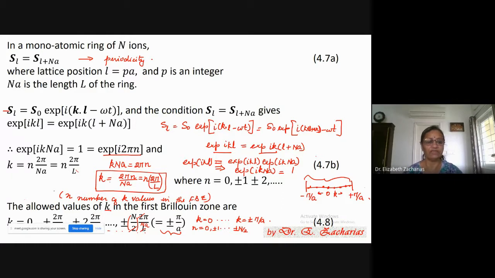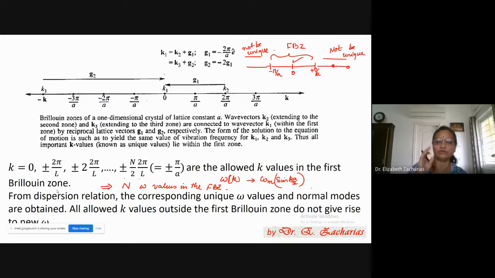In other words, the total number of k values possible in the first Brillouin zone include 0, then 2 pi by L, 4 pi by L, 6 pi by L, and you go on till you reach plus minus pi by a. You see that there are capital N number of k values possible. Capital N number of k values inside the Brillouin zone means, from the dispersion relationship, that many omegas are also possible, or that many modes are possible.